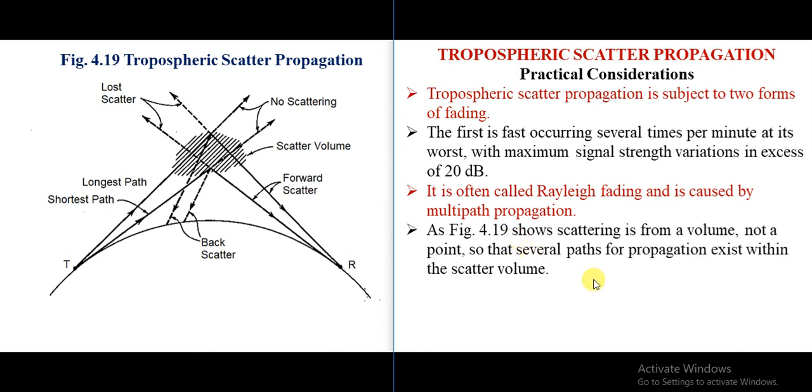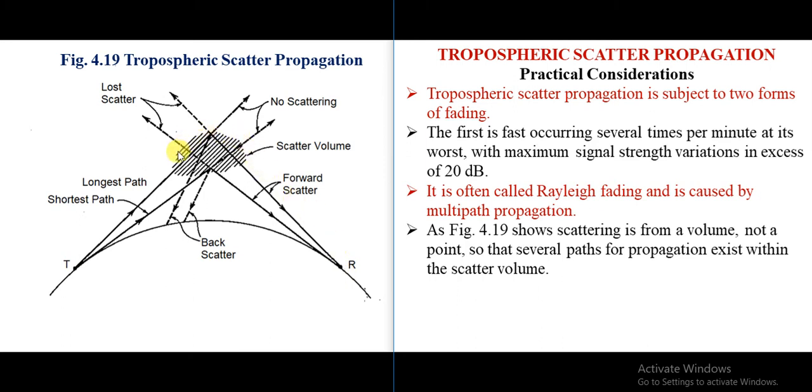So the scattering is from a volume and not a point. Several paths of propagation exist within this scatter volume. Once the rays strike this scatter volume, they will be scattered, or they will follow multiple paths within this volume itself, and then reach the receiver.